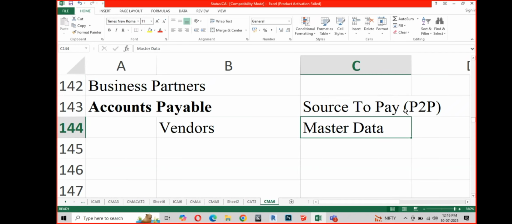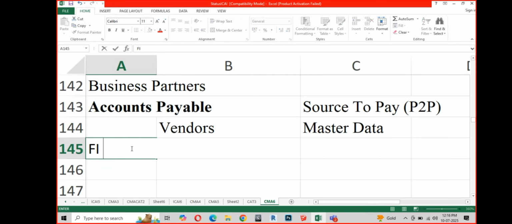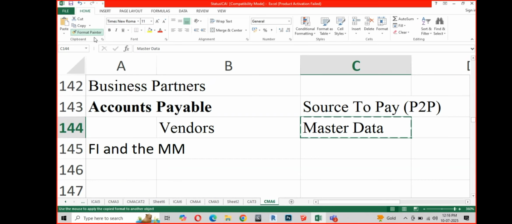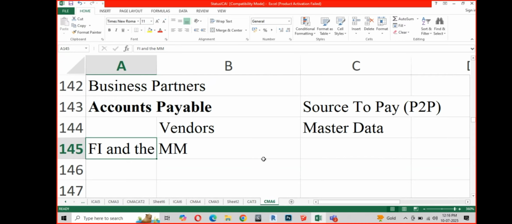This totally is an integration of FI and the material management or the purchasing module. So whenever you're talking about AP, you're talking about the integration between finance and material management, and this cycle is your source to pay or procure to pay.